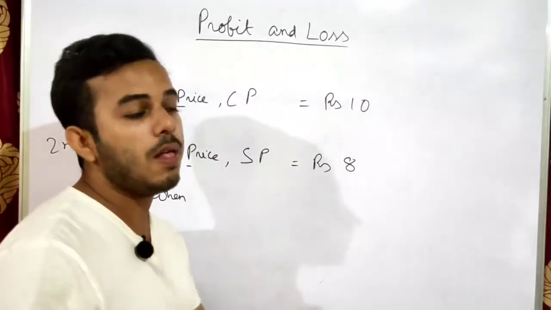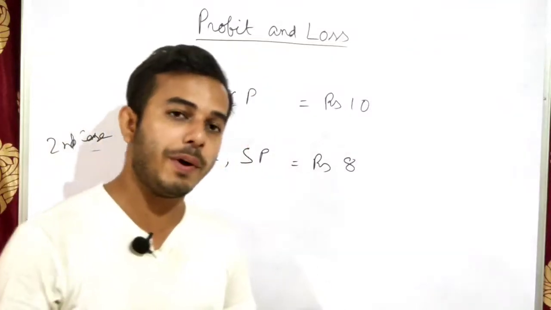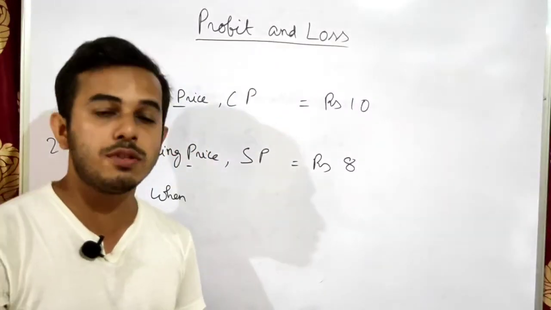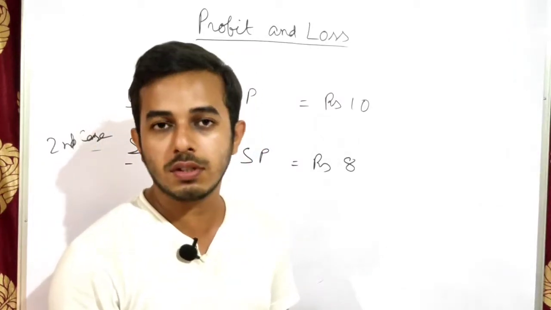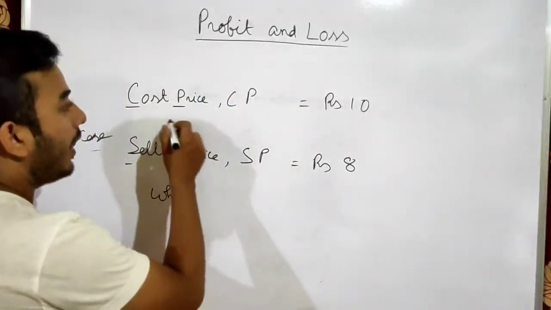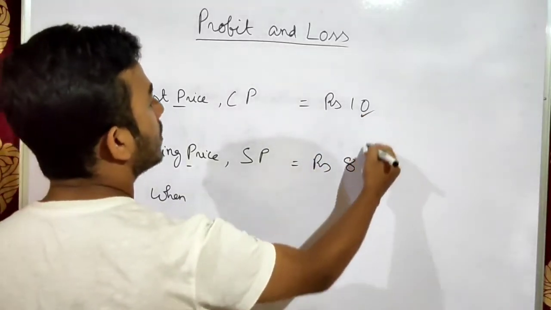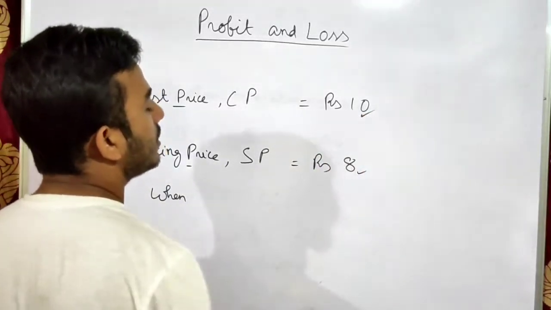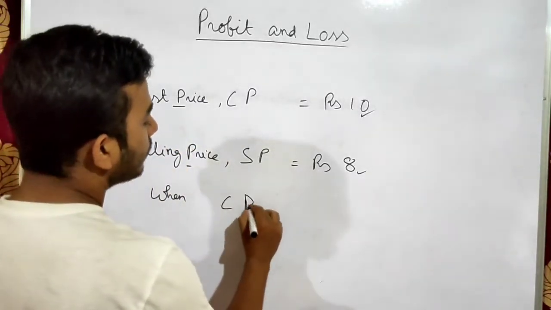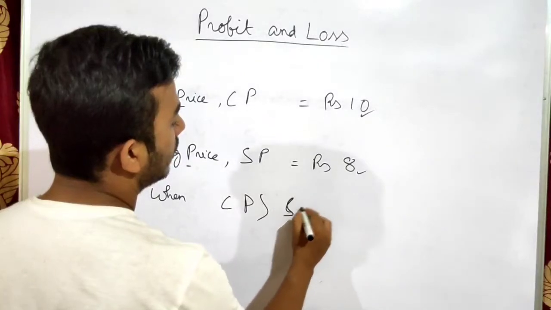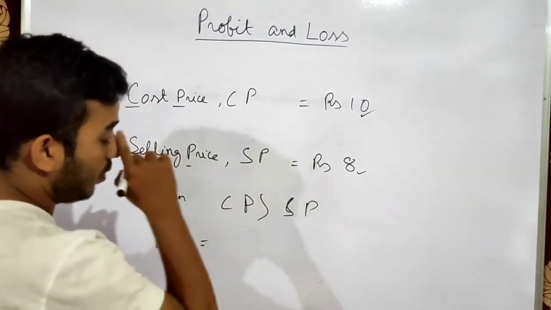For example, if you buy a book for rupees 100 and sell it for rupees 50, you have lost rupees 50. So when CP is greater than SP, here rupees 10 is greater than 8, then we write: CP greater than SP, then loss equals what?